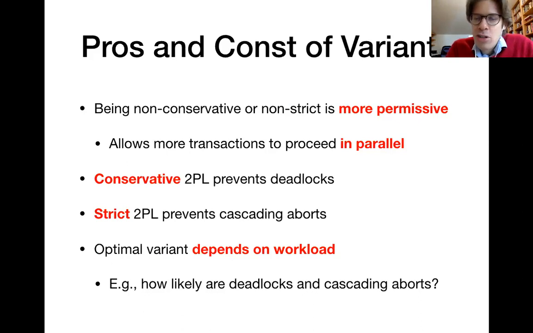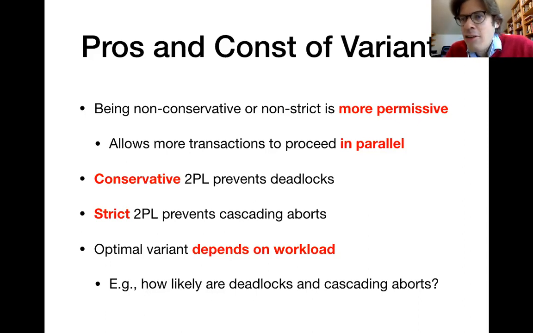The nice thing about conservative two-phase locking is that we prevent deadlocks, which can be bad for performance because you might have to abort transactions and restart them. On the other side, if we go for strict two-phase locking, then we avoid cascading abort.